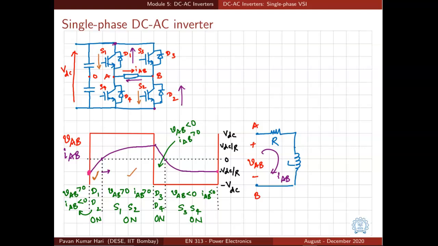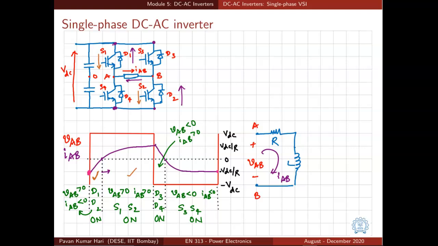Similarly, at the beginning of the negative half cycle, there is an interval in which the load voltage is negative. That means the top switch of leg B and the bottom switch of leg A should be conducting. That means A should be tied to the negative of the DC bus, and B should be tied to the positive of the DC bus.